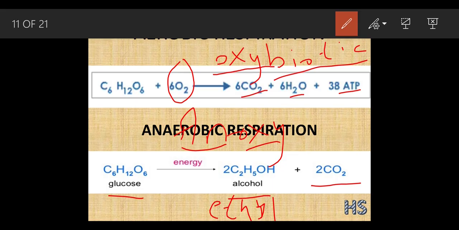So how does this alcohol get formed? This alcohol gets formed in plants when they do not get a sufficient amount of oxygen. Even a few bacteria and fungi also respire anaerobically, meaning without oxygen. You might be aware that bacteria and fungi can grow anywhere.